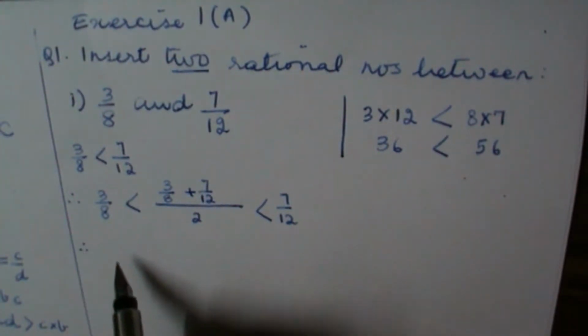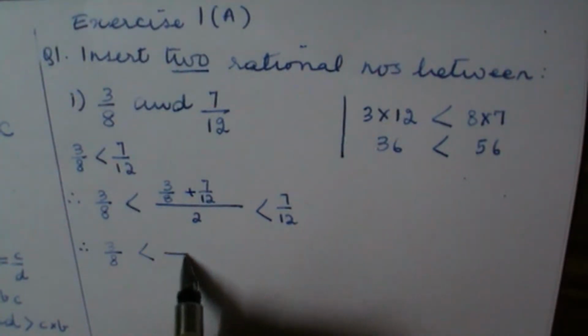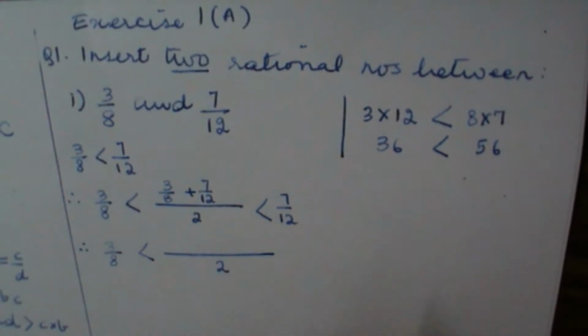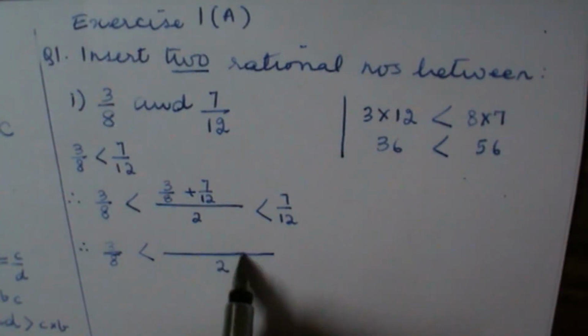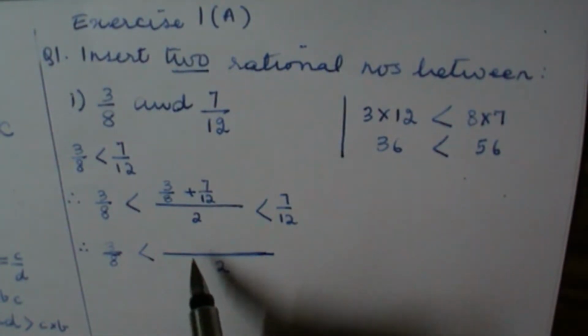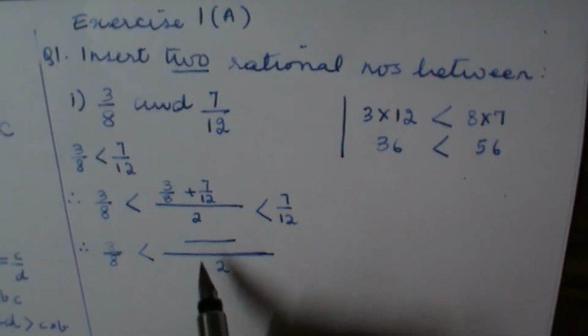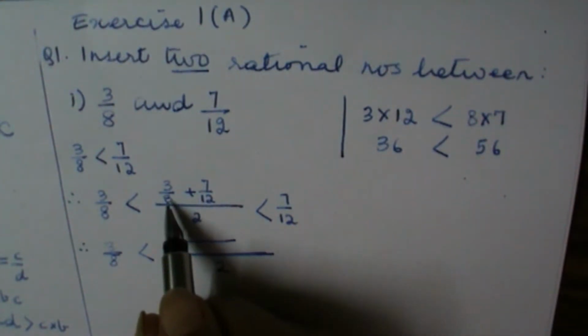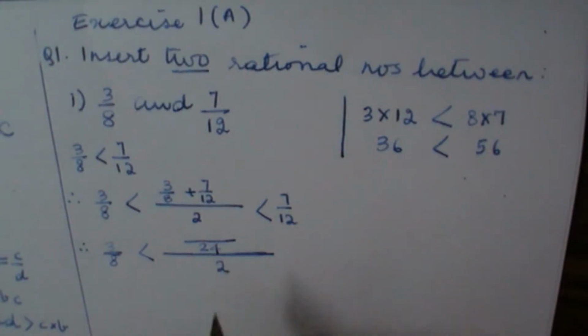And so therefore I will have 3 upon 8 less than, and I'll write this numerator denominator line. Make sure that you write this line and this line in the same line, and here you will make this numerator denominator line a shorter one, and for 12 and 8, the LCM is 24.